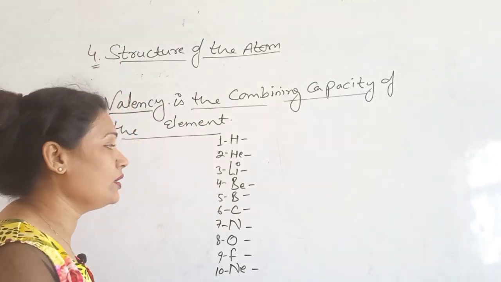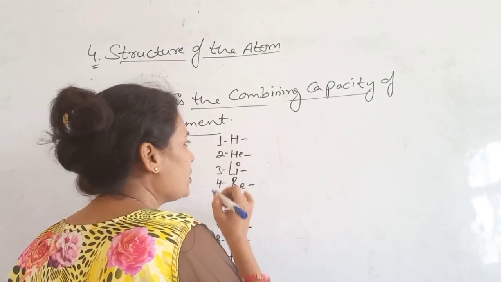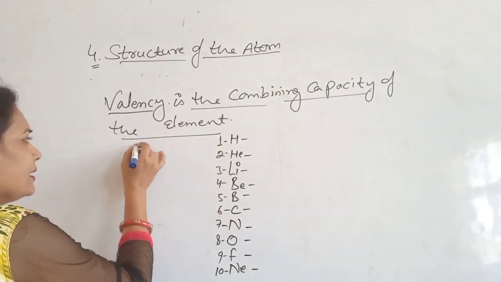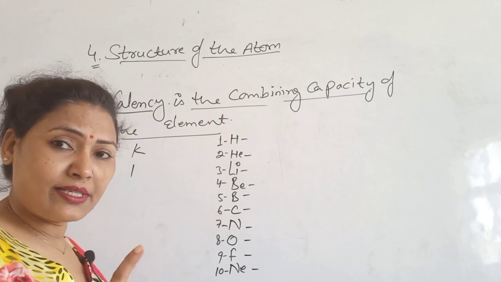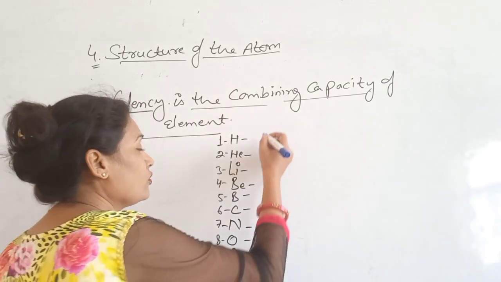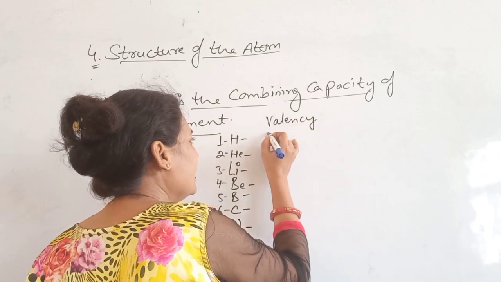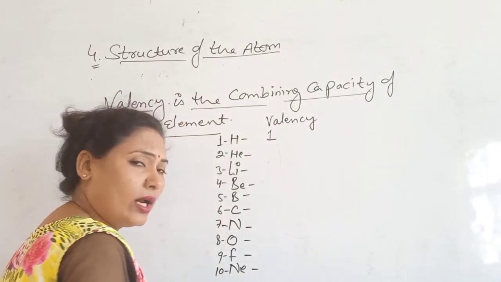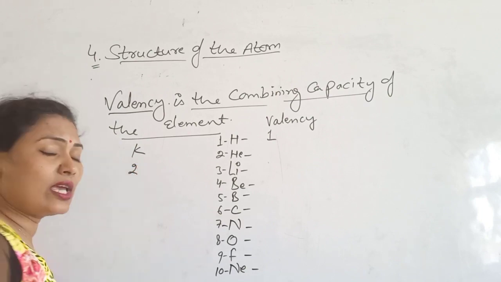Okay, for example, if you write the configuration of H, we write K contains 1 electron. Okay, so its valency is 1. So we can write the valency here. Valency of hydrogen is 1. Helium contains 2 electrons in K shell.